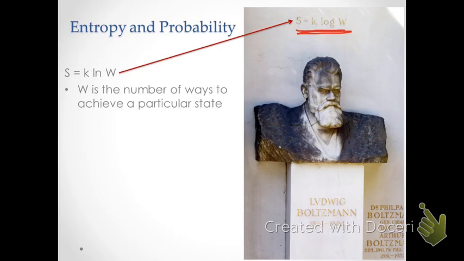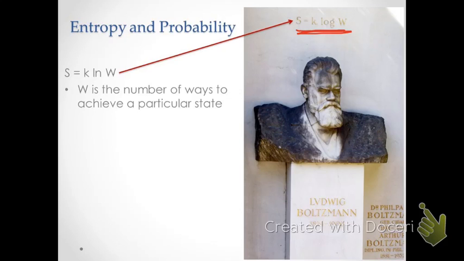Think about your room, for example. There are a lot of ways that you can move things about and make a very disordered, messy room, but there are only a few ways that you can organize things such that the room is in an ordered state. So there are far more ways to have the disordered room than the ordered room, so the disordered room, by this definition, has a higher entropy.